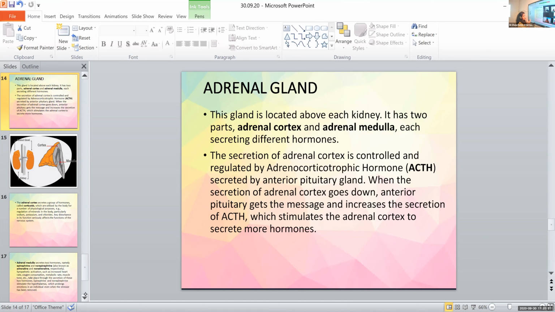This signals the adrenal cortex, the cortex part of the adrenal gland, to produce its own hormone. Understood? That's how it goes. Again, starting from the pituitary, ACTH comes, ACTH signals the adrenal gland, and the adrenal cortex produces its own hormone.